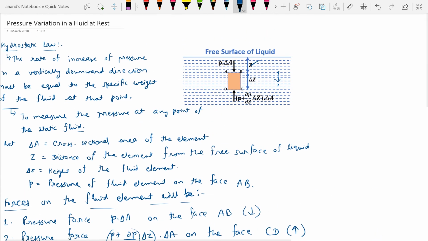There will be pressure forces on the faces AD and BC respectively, which will act in the horizontal direction. Since these forces act in opposite directions, they will be equal and opposite, so their resultant force will be 0.